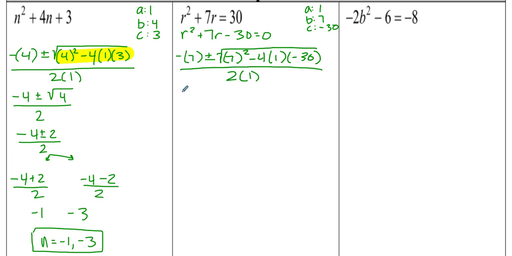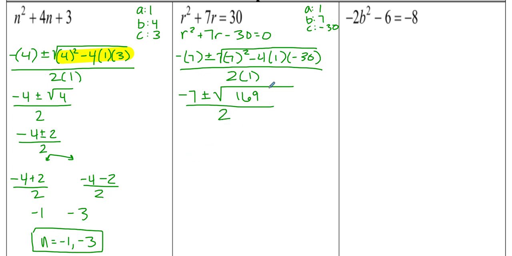So this becomes negative times 7, which is negative 7, plus or minus the square root. I went ahead and chunked all this out already. Bam, bam, bam, mental calculations. I got 169, a positive 169, and this is all over the value 2.